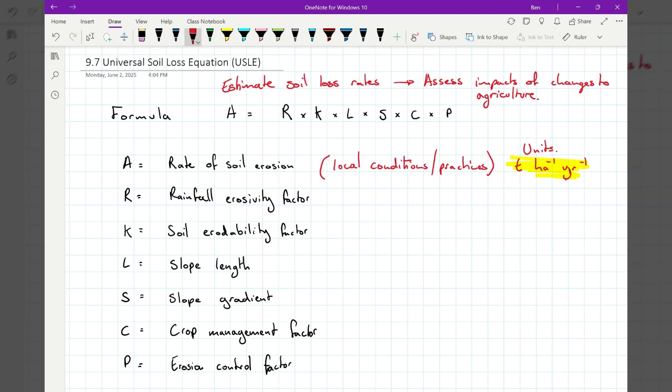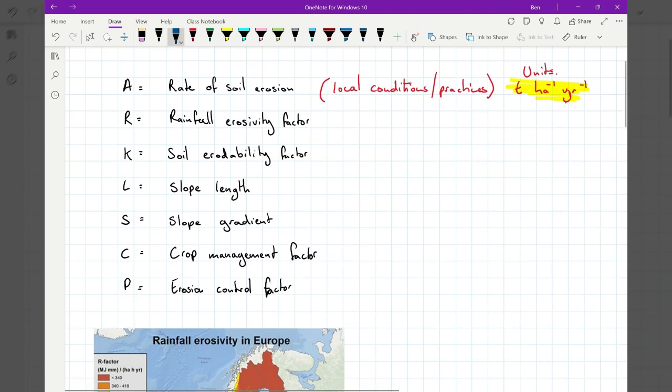All right, so the first one is the rainfall erosivity factor, R. This is the measure of how effectively rainfall can erode soils.